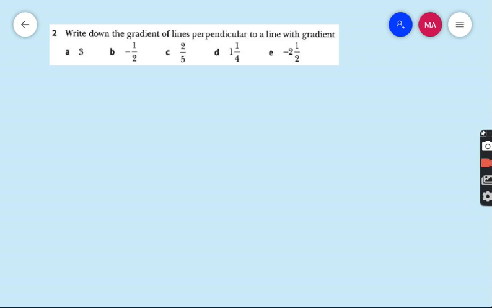Write down the gradient of lines perpendicular to a line with gradient, parts A, B, C, D, E. Very easy question. But before I start question number 2, I just want to give you a small introduction.